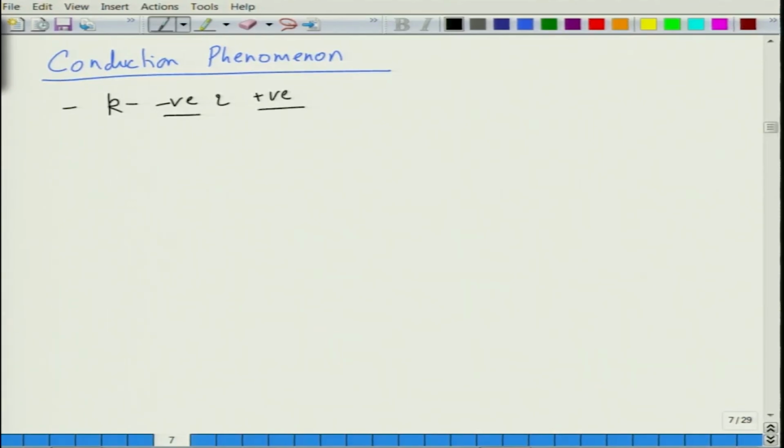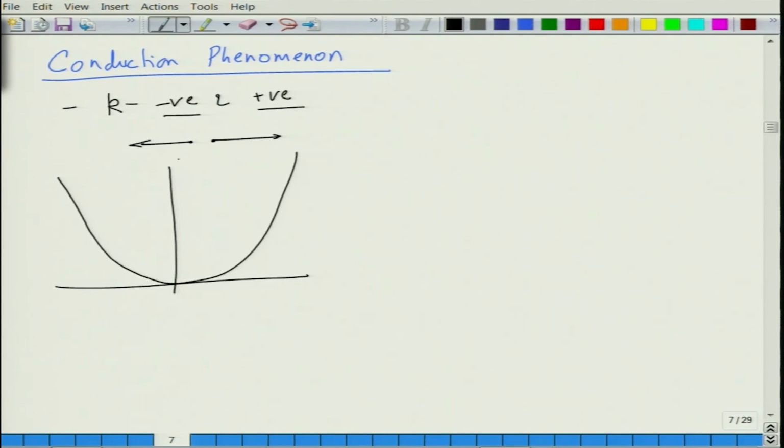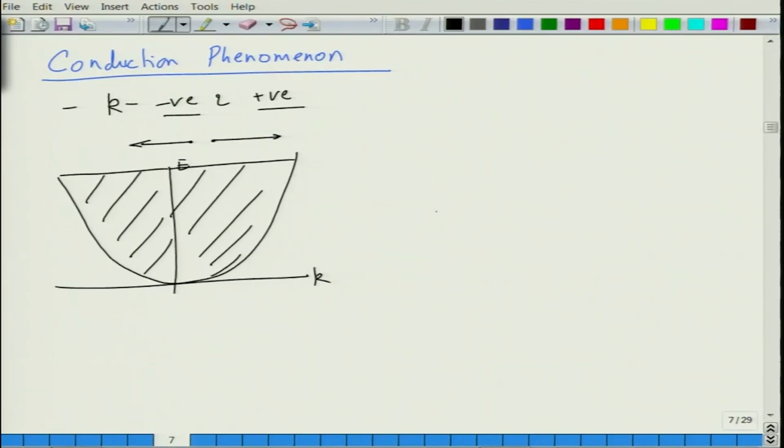So if you have an electron moving in this direction, the electron can also move in this direction. Now, when you apply an electric field, this is what it means: if you have zero field, then the E-k diagram looks like this, which means on both sides we have an equal number of electrons, these are all equal areas.